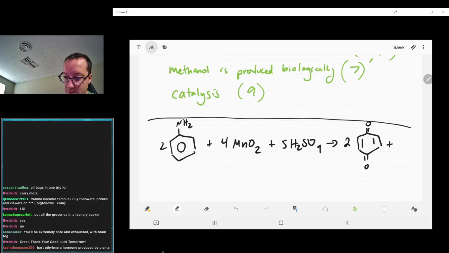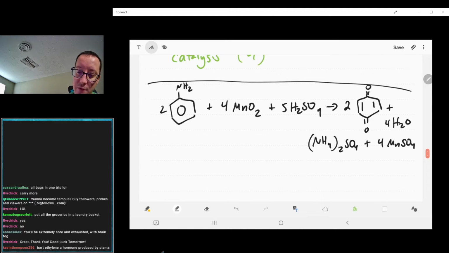We also end up making ammonium sulfate plus manganese sulfate, manganese 2 sulfate, plus water, 4 waters.